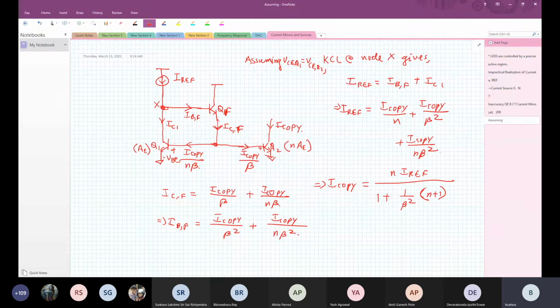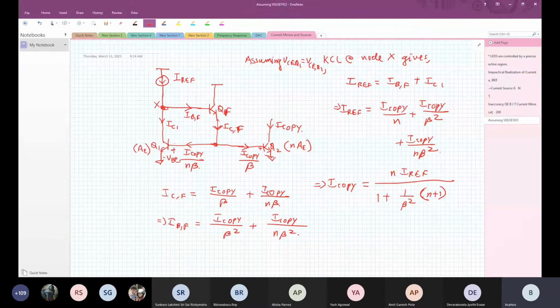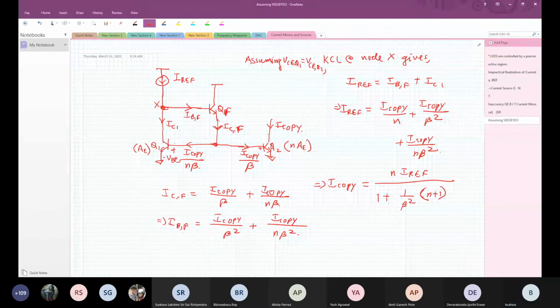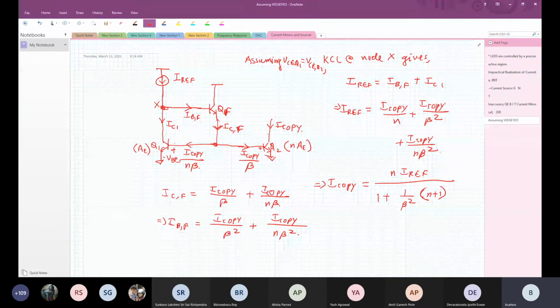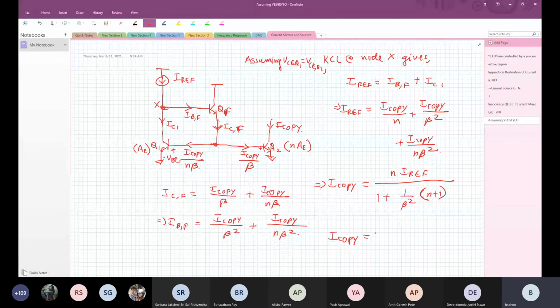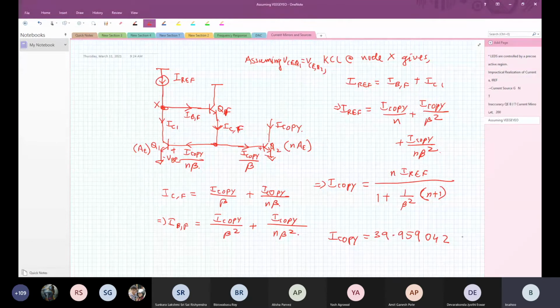The denominator becomes, instead of 1.205, 41 divided by, I said that beta is 200, right? 400,000 squared plus 1, that is 1.001025. So 40 divided by 1.001025, in the previous example you will get I copy equal to 39.959042 milliamps of current.